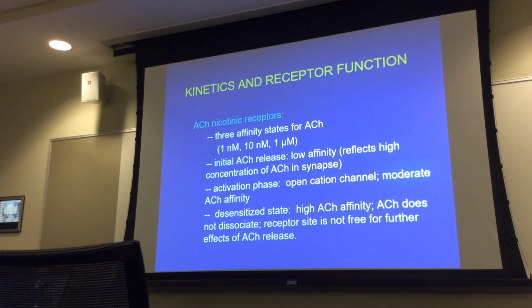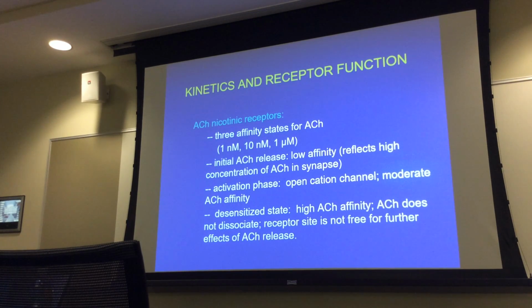So here's an example of a receptor that changes its ability to bind to its neurotransmitter by changing its affinity state. And in this particular case, it changes it from low affinity into high affinity. That may sound weird, because you would think that a high affinity state would be the active state, but in this case it's not.